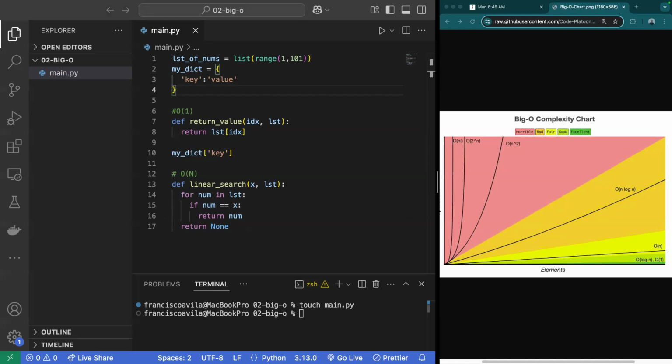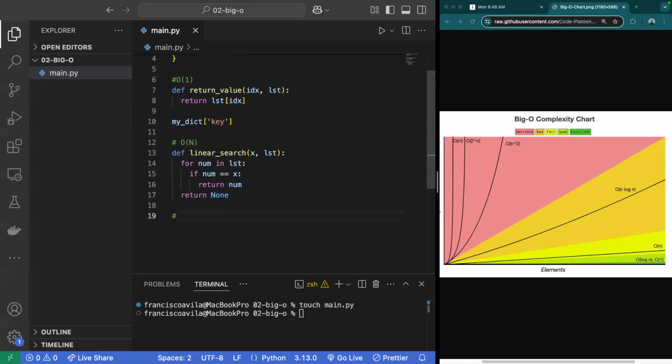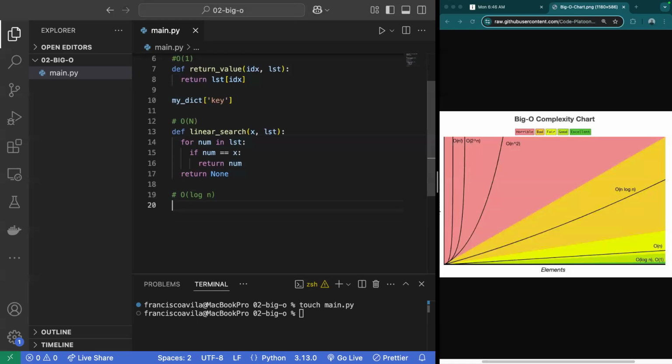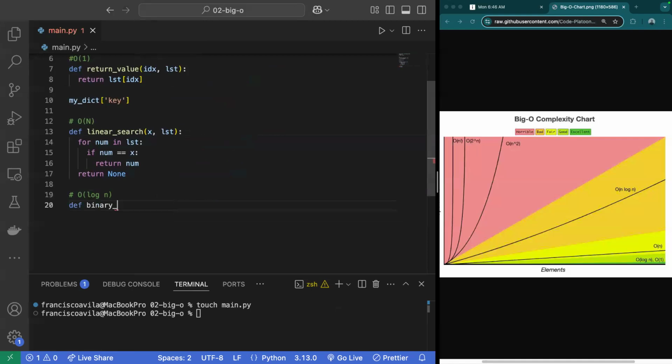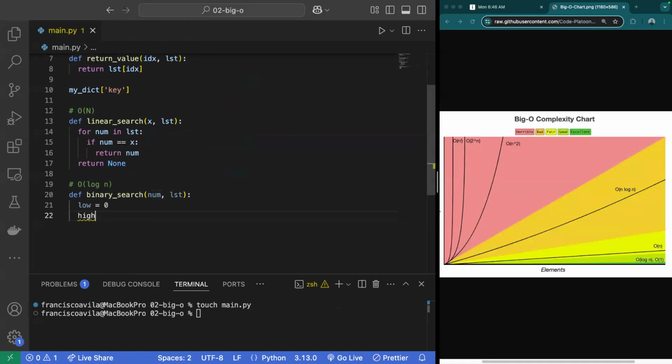All right. Can anybody think of an example for O of log n? Isn't that like binary search? Yeah, awesome. So we have our binary search, which should be something as follows. Let's see if my memory serves me correctly. Let's do binary search, which takes in a number and a list. We establish low to be equal to 0, and high to be equal to the length of the list minus 1.